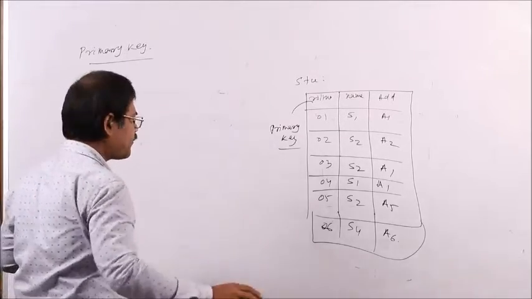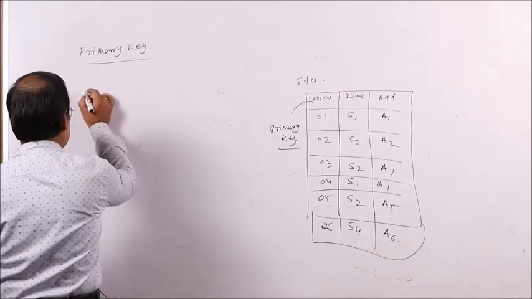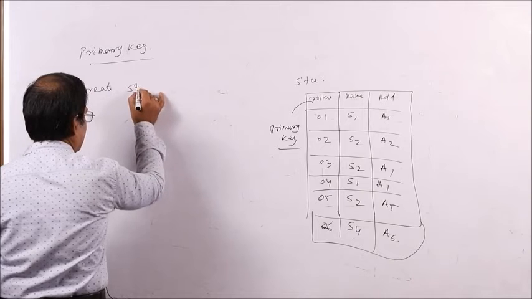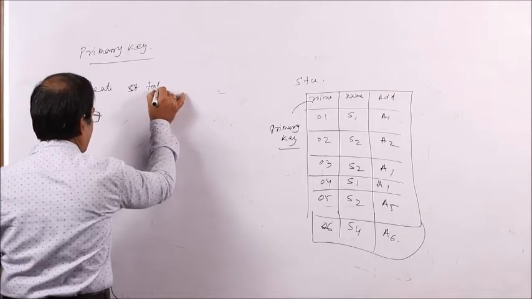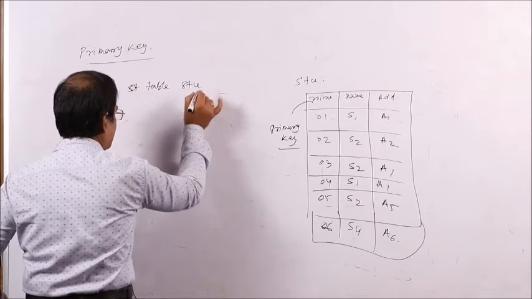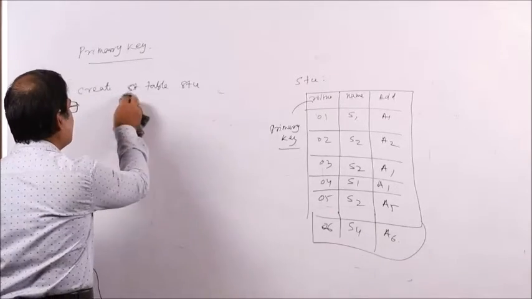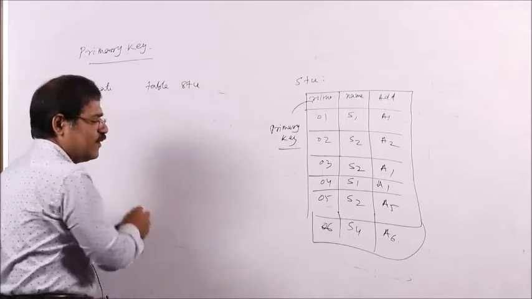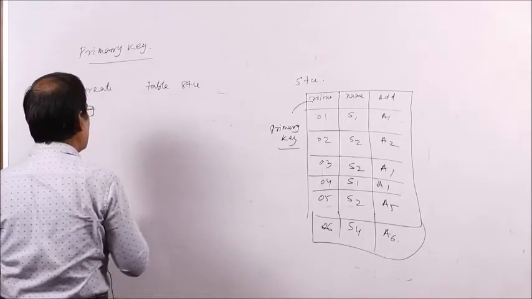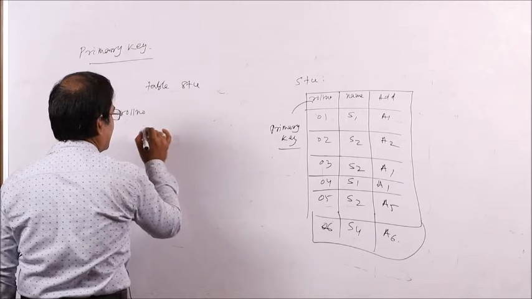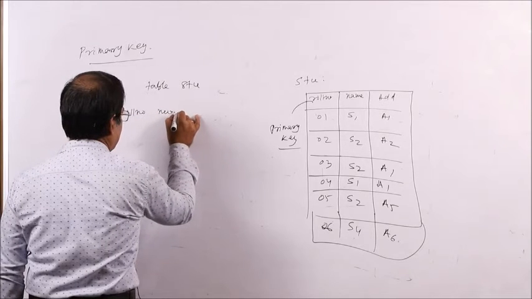So, I write create table student. What is your table name? Student. What is your first field? Roll number, which is of number type.